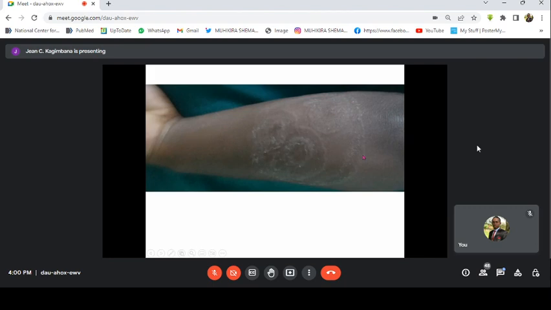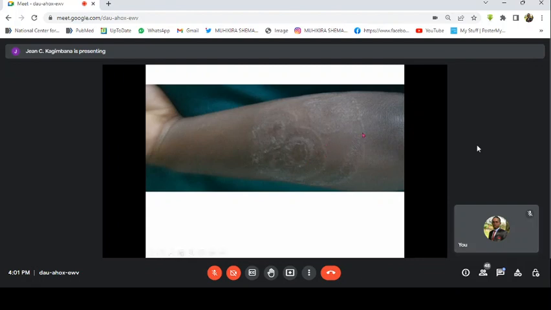Round, because it grows from the center to the outside because it eats keratin, dead cells at the upper layer of the epidermis, at the corneal layer.